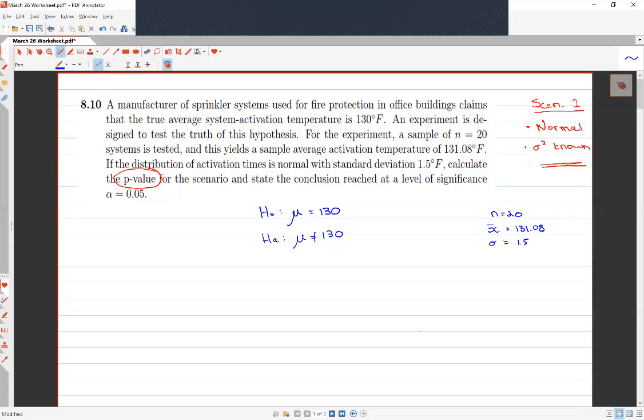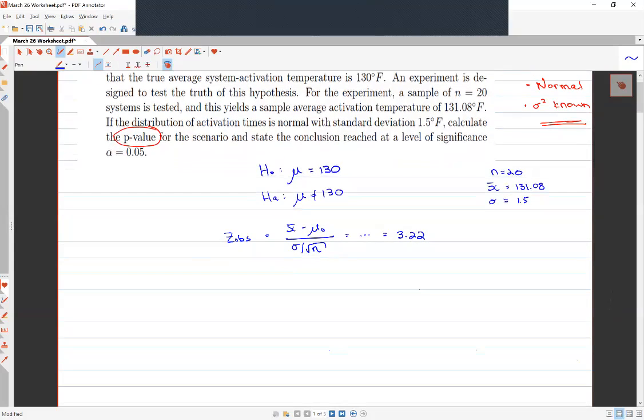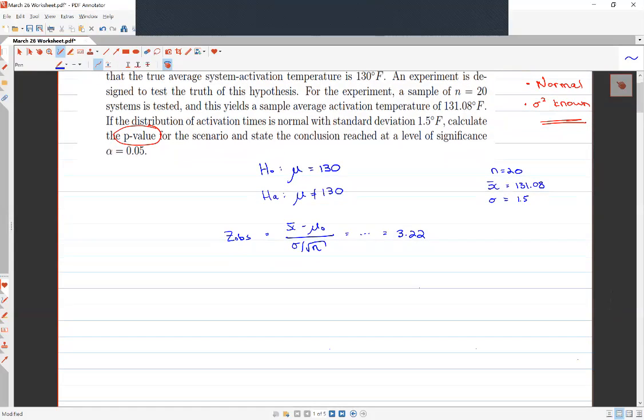The test statistic calculation is exactly the same as before: x bar minus mu naught over sigma over square root of n. If I plug in all of these values, you can go and check the calculation, we get a value of 3.22. This is what we need to calculate our p-value.